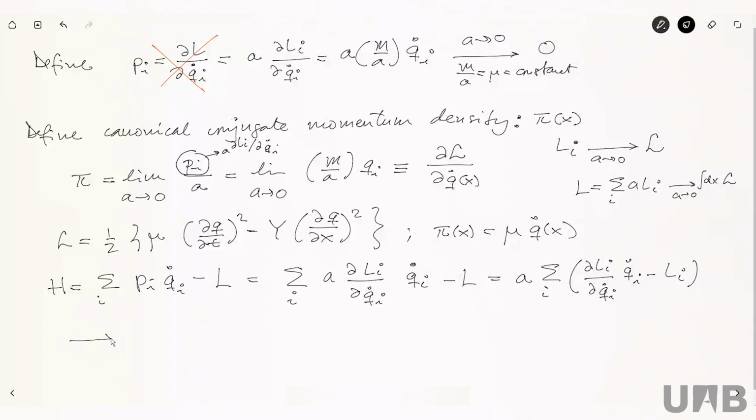And so this, when A goes to 0, has already a well-defined limit, right? Because it's going to be the integral over x. Sum times A is the integral over x of this object here, which becomes the derivative of L with respect to Q dot of x times Q dot of x, minus the Lagrangian density. And this we can define as the integral over x of the Hamiltonian density.